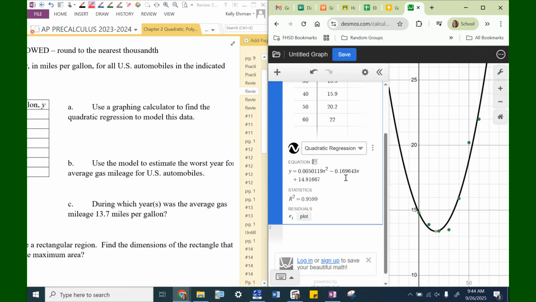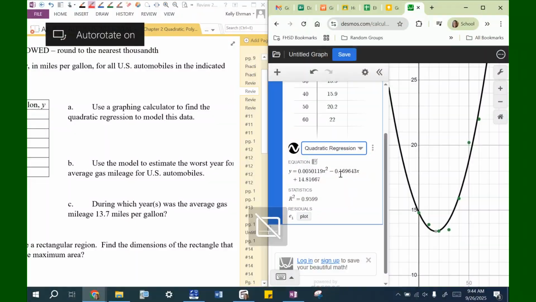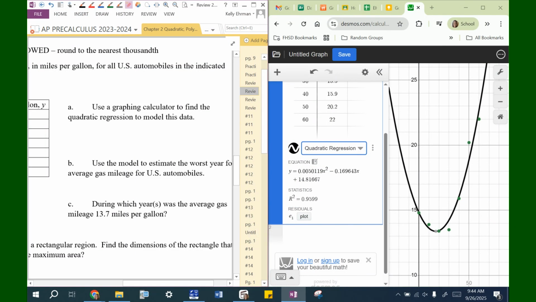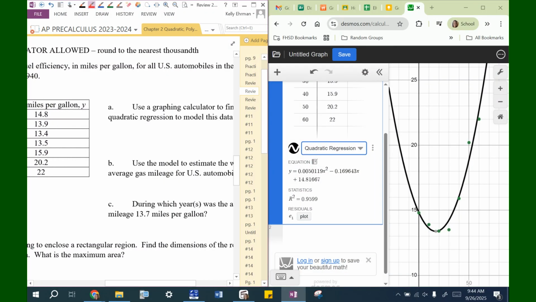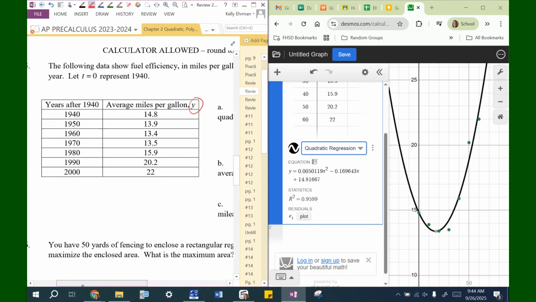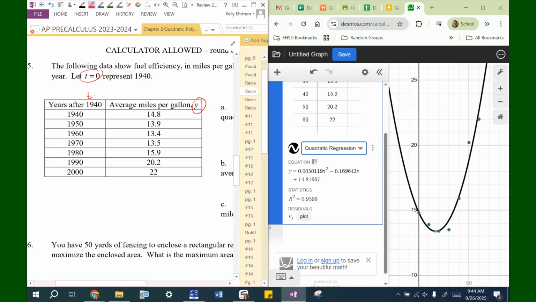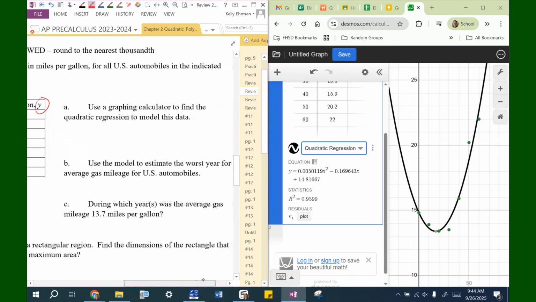And so we need to write down this equation here. Do not round the decimals in this equation. When I say round to the nearest thousandth, I mean round your final answers that you calculate to the nearest thousandth. You don't want to round the equation because then your answers will be off. The output is labeled as y. The input was t. So I need to use those two variables when I write this down.